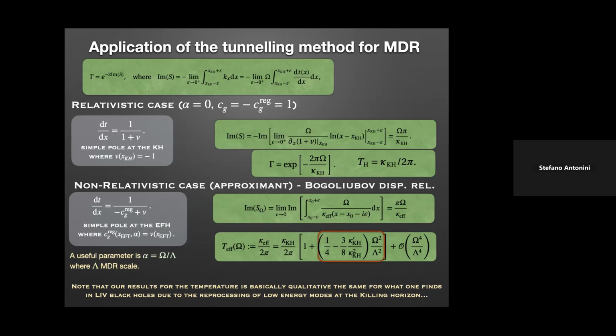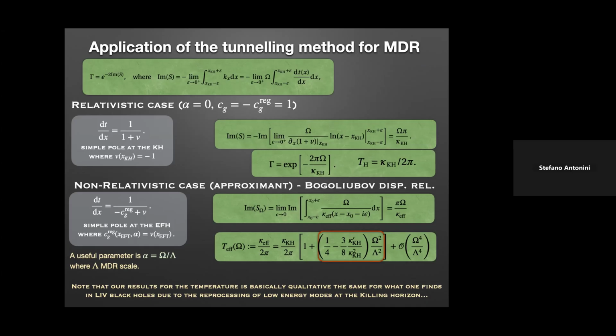So if kappa is much smaller than lambda, this is a very tiny correction that explains the robustness. And you see there is an additional correction that I think nobody had found before. This correction is basically telling you that you also have to take care that your surface gravity radially doesn't change too fast. It's an adiabatic condition radially that you want. Of course, if your velocity profile is a straight line across the acoustic horizon, then this contribution is exactly zero.